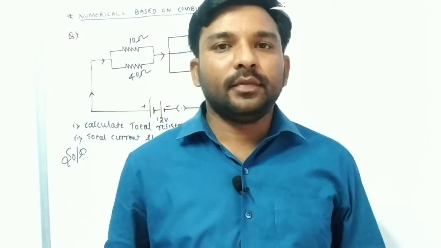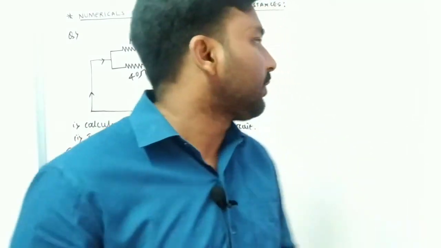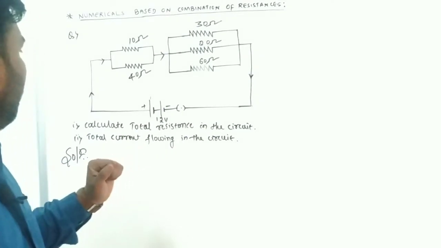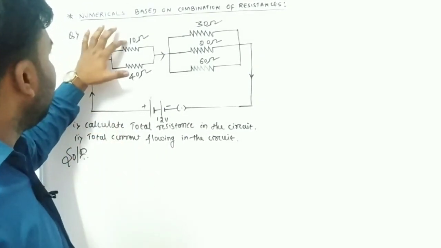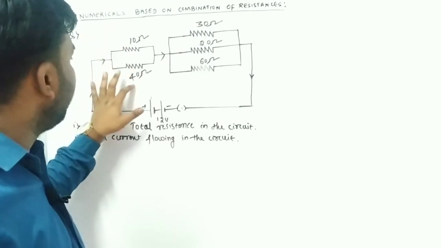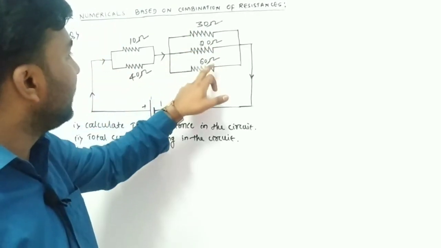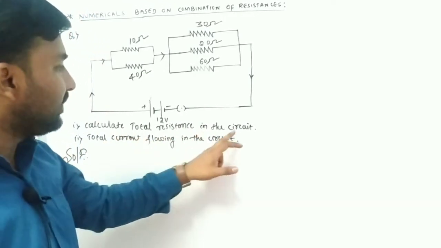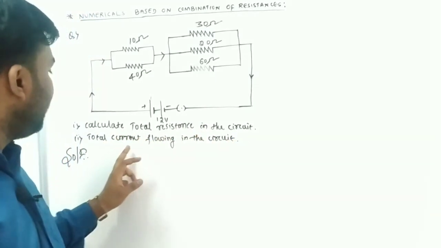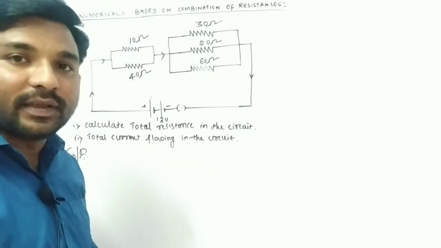Okay. The next problem is, the given circuit is here. It is 10 ohm resistance. It is 40 ohm, 30, 20 and 60. Calculate the total resistance in the circuit and total current flowing in the circuit.